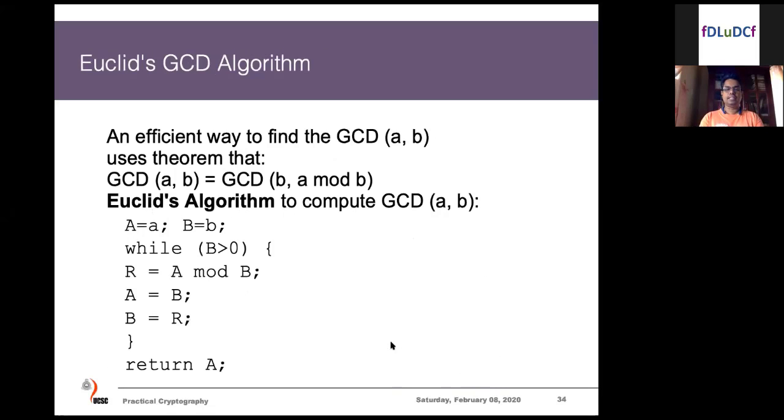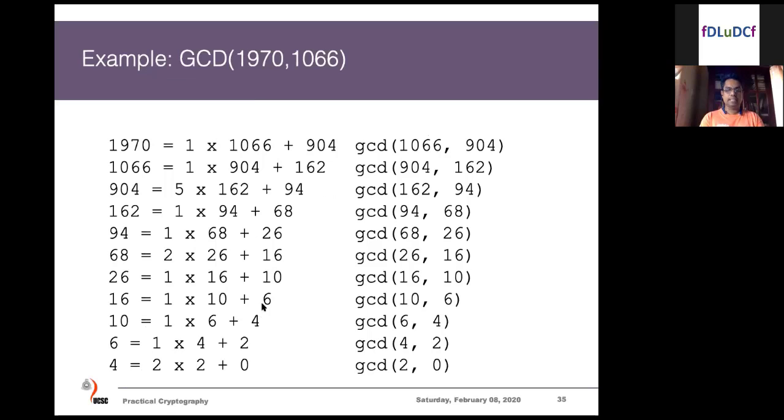If you write it as a while loop, it's something like this. Using the Euclidean algorithm, to compute the greatest common divisor of A and B, we do while b is greater than 0: take A mod B, call it R, and instead of GCD of A and B, we calculate GCD of B and R. We repeat this until b is 0.